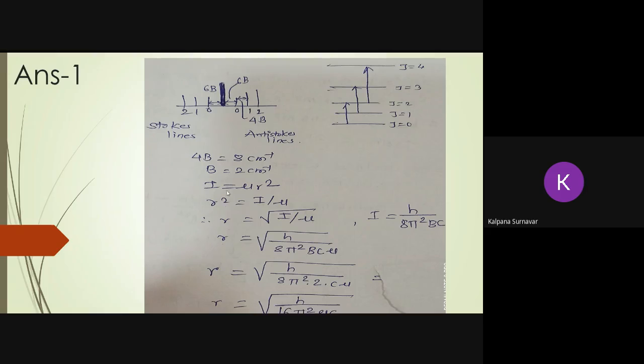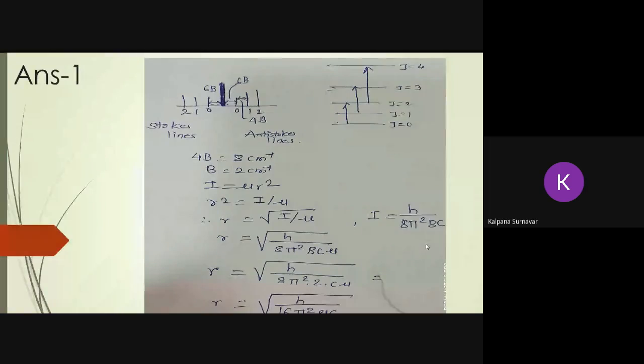So just rearrange the equation of the moment of inertia as r square is equal to I divided by mu. Now the equation becomes r is equal to the square root of I divided by mu. And we know the equation B is equal to h upon 8 pi square I c. Just rearranging, you can rewrite this equation as I is equal to h upon 8 pi square B c.